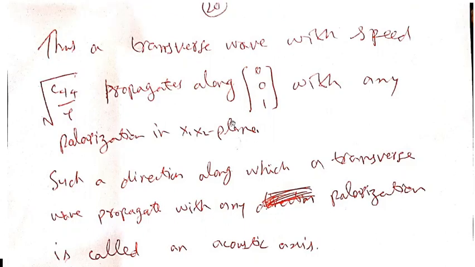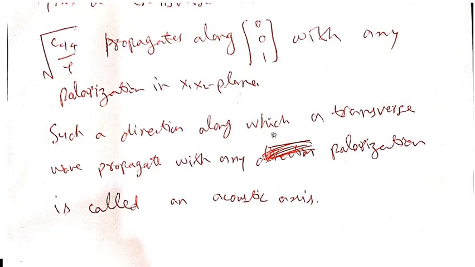Now by this we have a definition of an axis which is basically called the acoustic axis. Such a direction along which a transverse wave propagates with any polarization is called an acoustic axis.